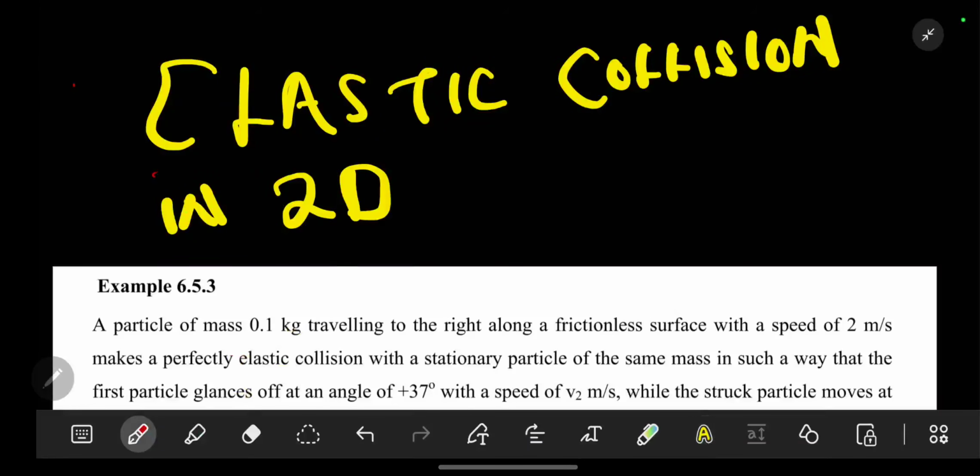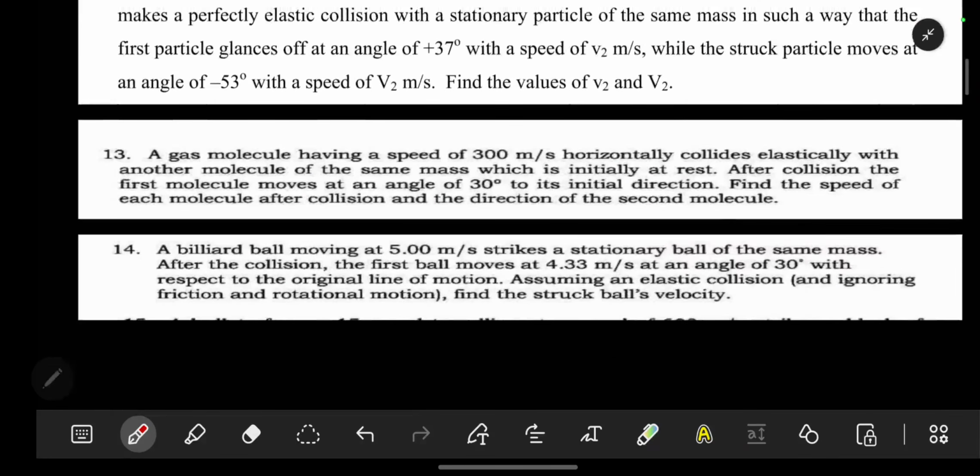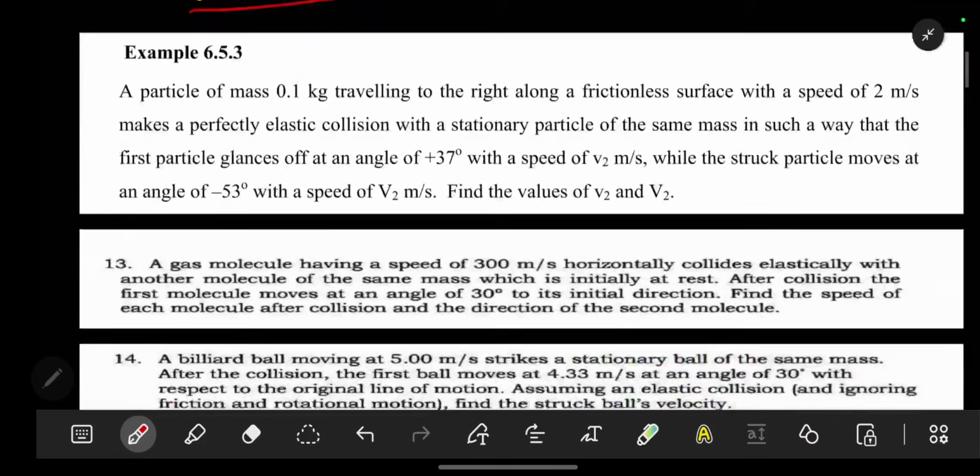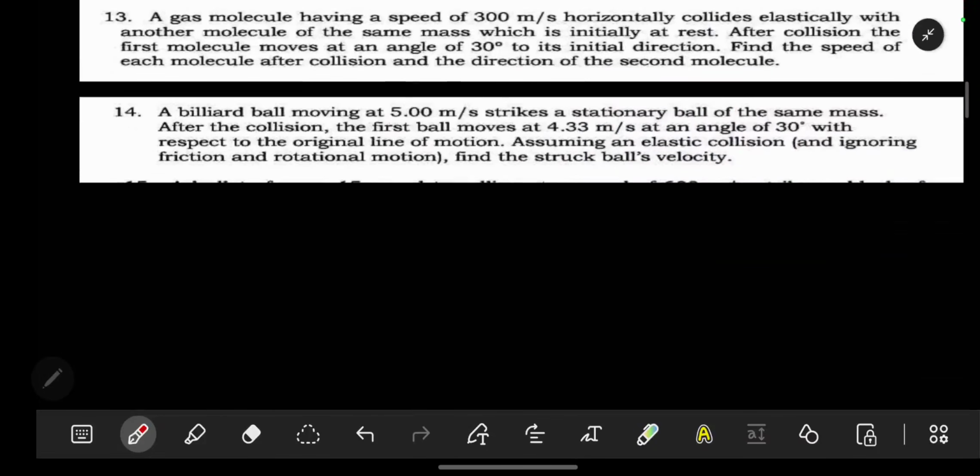So here today we are going to be looking at elastic collision in 2D. Now, for an elastic collision, two conditions have to be met. We should have momentum conserved. That's the first thing.